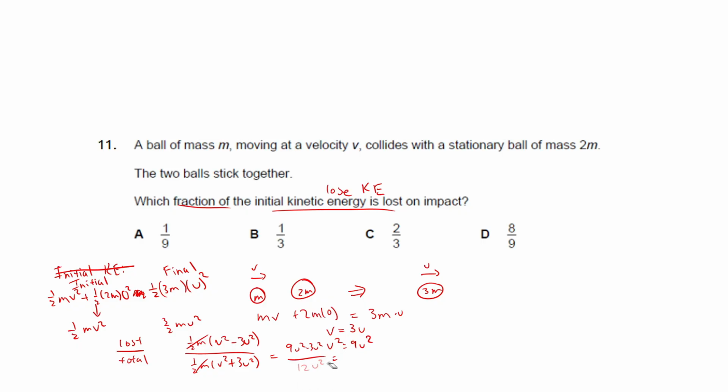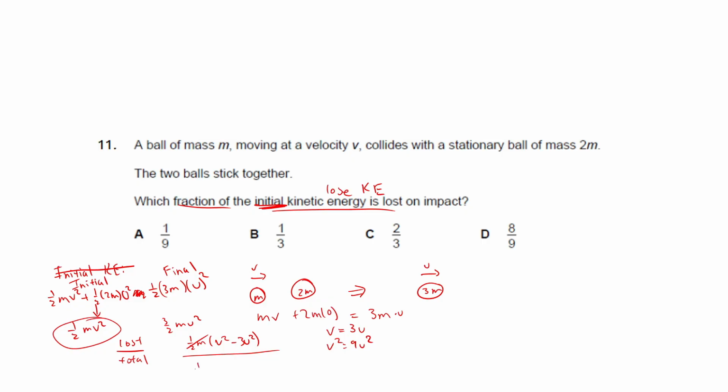Sorry, I made a mistake. It's not over that, I misrepresented the total. The total is actually the initial kinetic energy, because they're asking for the fraction of the initial.